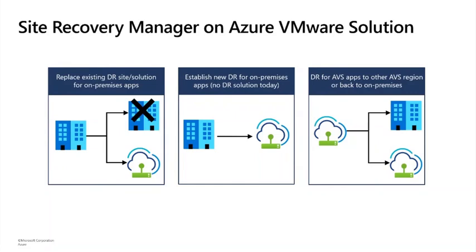You can also, if you don't have any plan at all and you don't have any replicated sites right now, have AVS as your primary replicated site. That would make it a secondary site. Or if you're already in AVS, you can replicate to another AVS site or to another on-prem site.